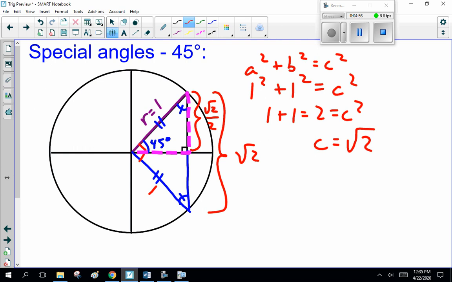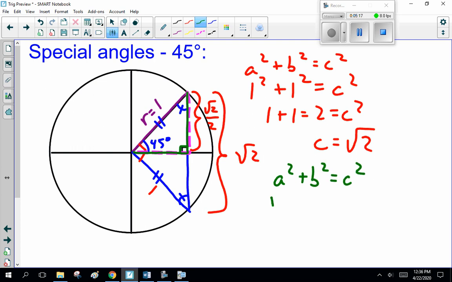Now, if we look at the adjacent side here, what have we got? Well, we have another right angle triangle. And I know the hypotenuse is 1. The opposite side is root 2 over 2. I can do the math and figure out what the other side is. a squared plus b squared equals c squared.